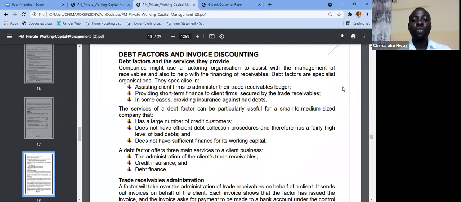facility to collect their debts, to administer their trade receivable ledger. Now, when they do that, they are collecting these debts from their customers. Not only that, they are giving them cash up front to finance their business.